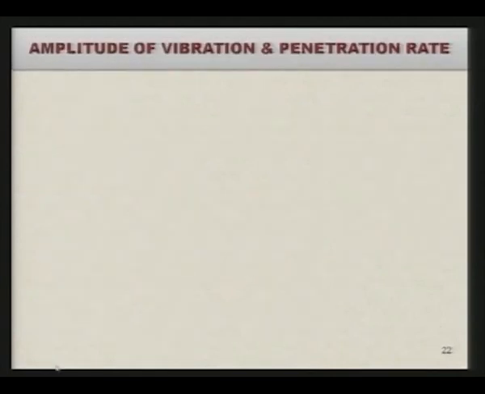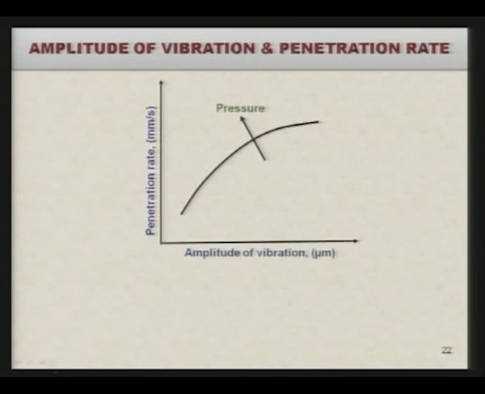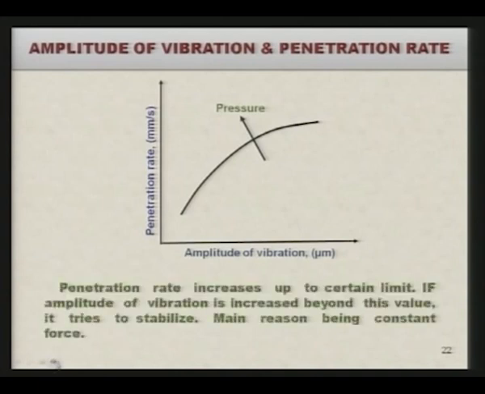Amplitude of vibration and penetration rate. This shows the relationship between the amplitude of vibration of the tool and the penetration rate, penetration of the abrasive particle into the workpiece. As you can see here, as amplitude of vibration is increasing, the penetration rate is also increasing, but beyond a certain value it tries to become more or less stable.